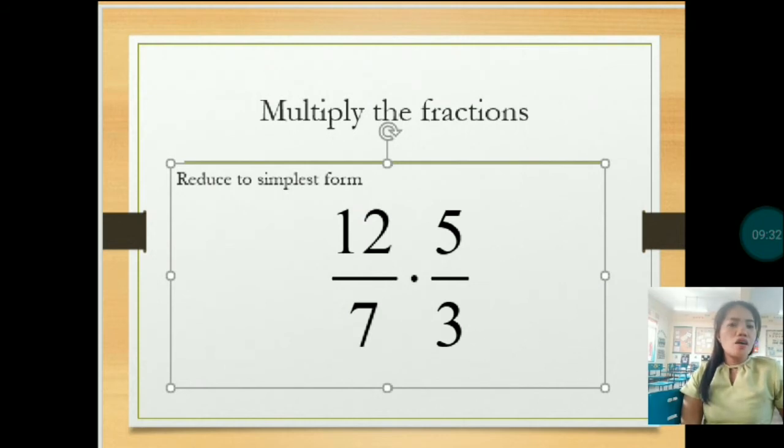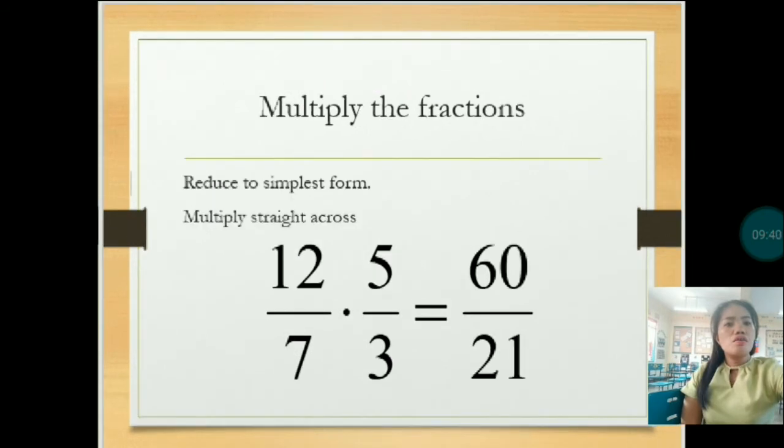If we have 12 over 7 times 5 over 3, we can actually multiply straight across, both numerators and both denominators, or we can do the shortcut, where we get the common factor, so we will be dealing with smaller values of numbers. In this case, we just simply multiply straight across.